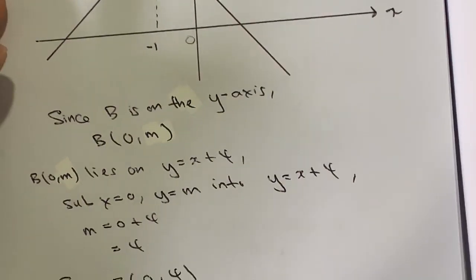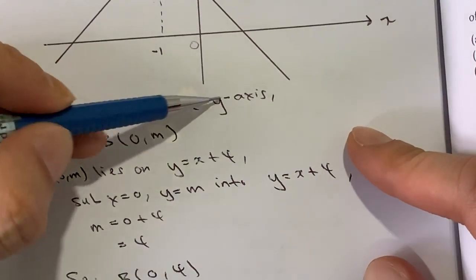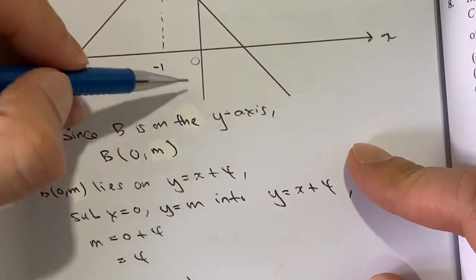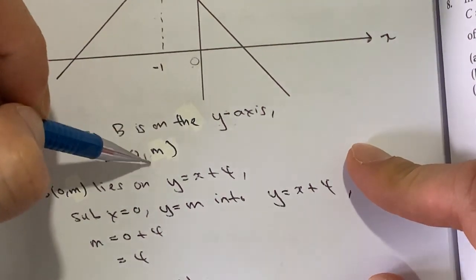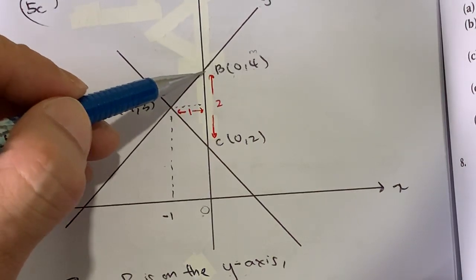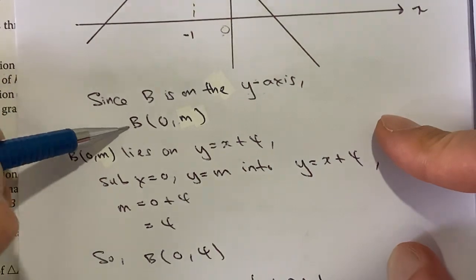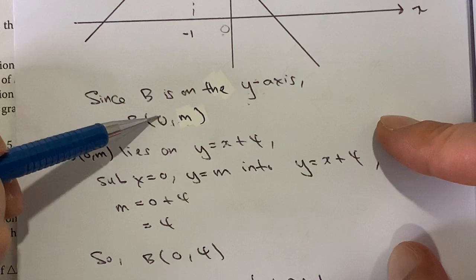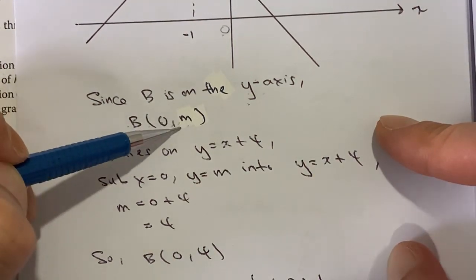Since B lies on the y-axis, the x part is 0, the y portion is m. So I'm letting B be 0 comma m. On the y-axis x is 0, then I put m here because I need to find it out later.